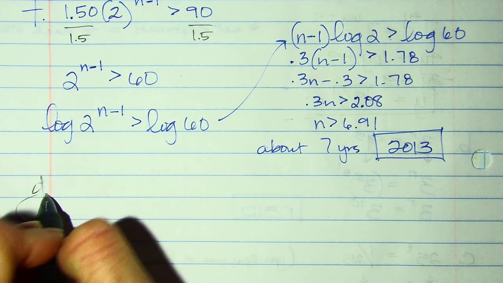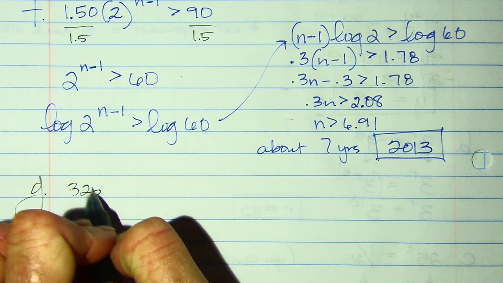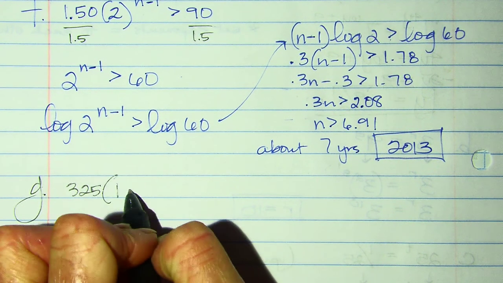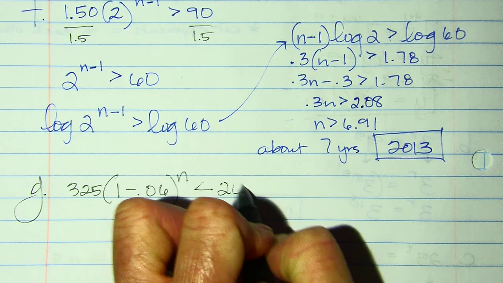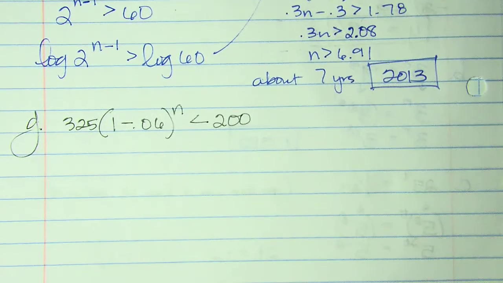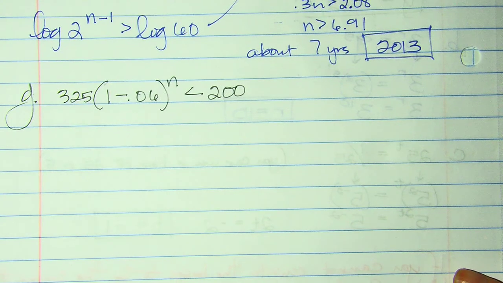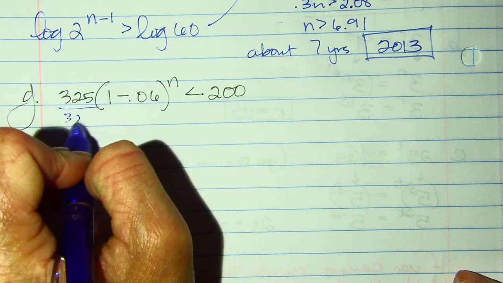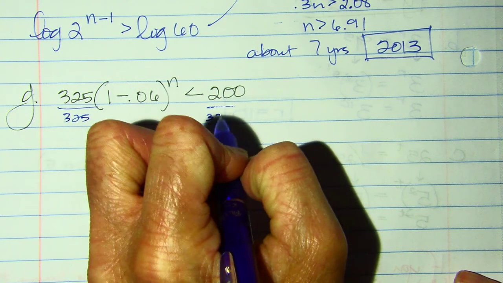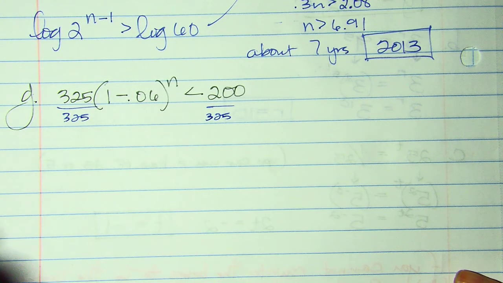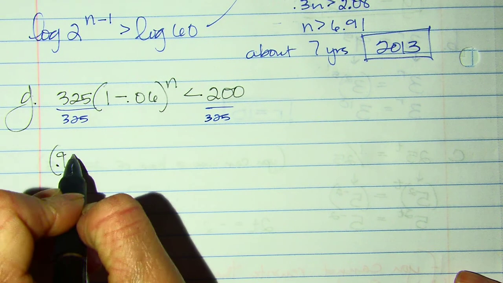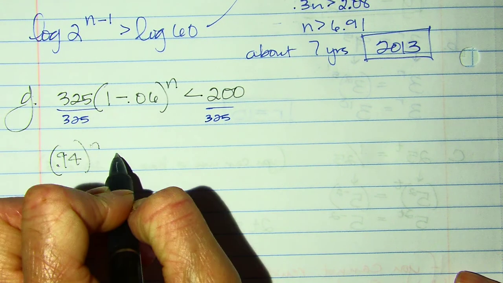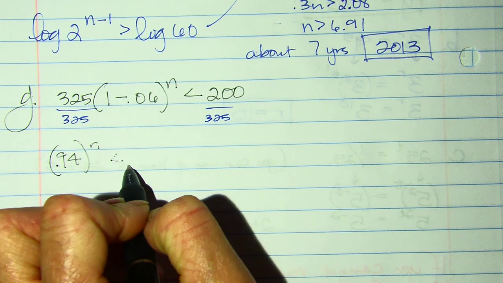All right, part G. We're going to set up our formula. 325 times 1 minus 0.06 to the nth power has to be less than 200. And then to solve, I would divide by 325. So that gives me 1 minus 0.06 is 0.94 to the n is less than 0.62.